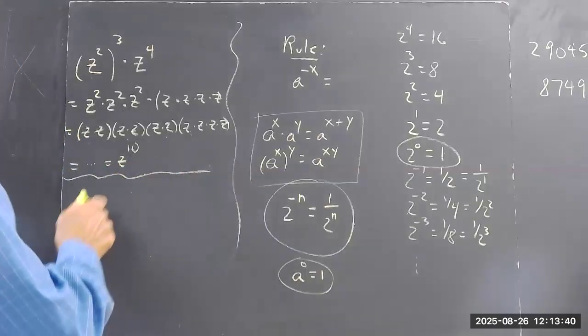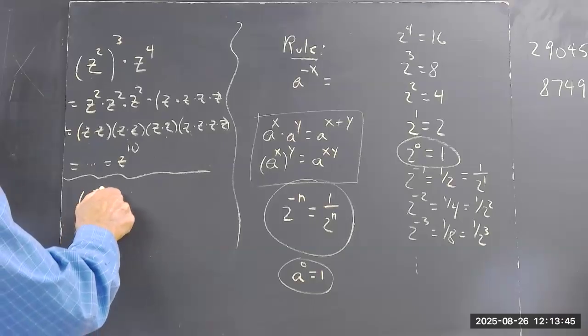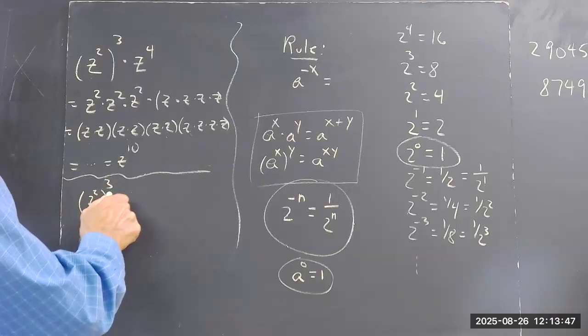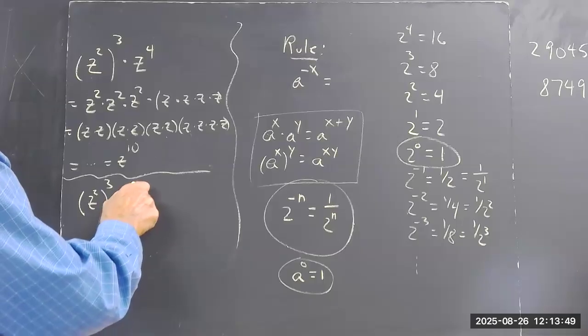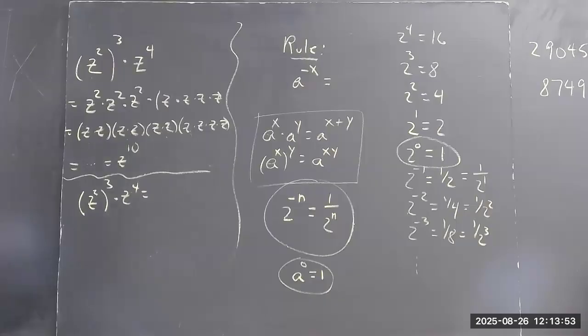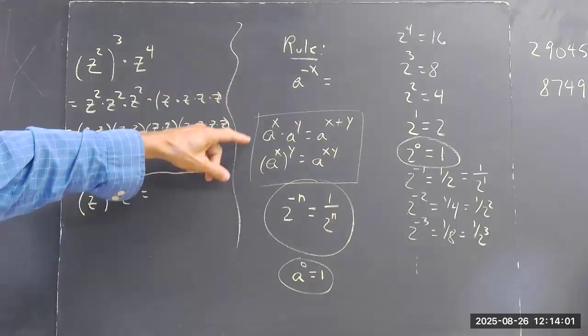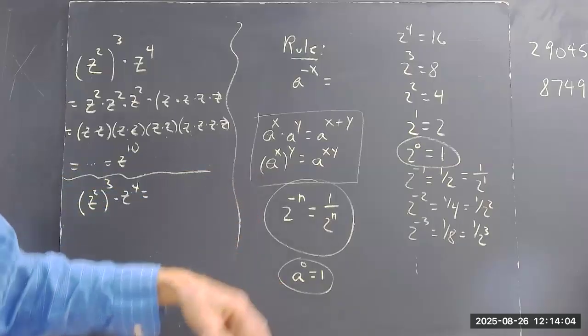Now, the way you're going to need to learn to do it, because the exponents aren't always 2, 3, and 4: the first thing we would do is simplify z squared to the third. Now, which rule would we use? First, second, third, or fourth?